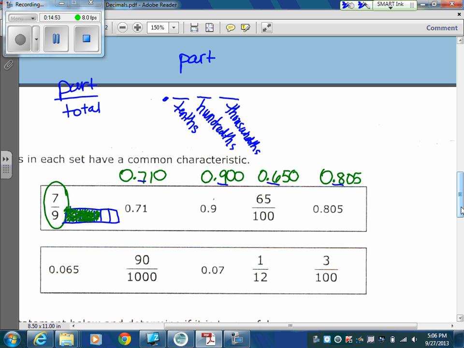On the bottom, I'm going to just rewrite. This one's already done for us: 90 thousandths. I just want to make sure that that gets in the right spot. 1/12, I'm going to leave alone, same reason. And then 3/100, so I want to make sure that my 3 gets in the hundredths place.